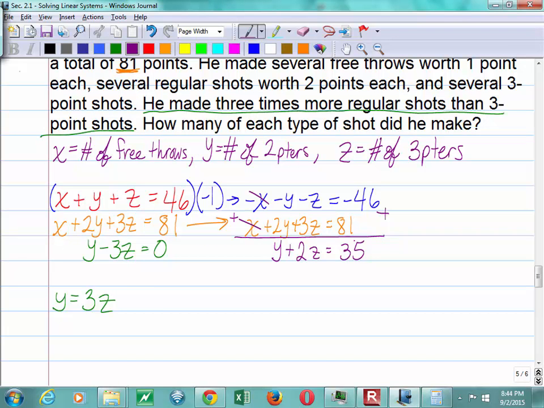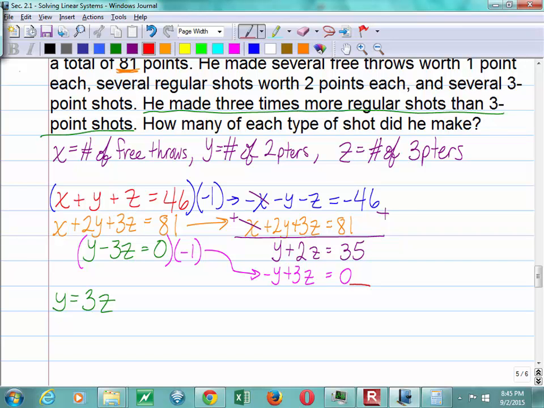Okie dokie doke. Now let's see. What I could do is multiply this equation by -1, and that way I can cancel out the y's. So that would give me negative y plus 3z equals 0.